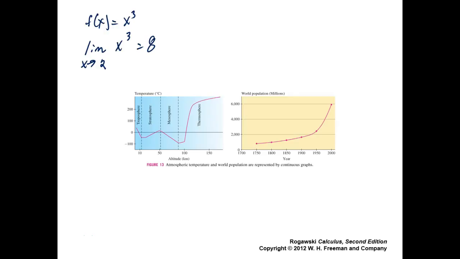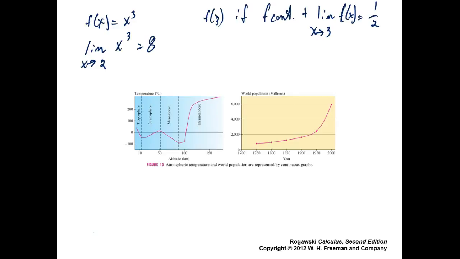Number 2. What can be said about f of 3? This is a different problem here. If f is continuous, and the limit as x approaches 3 of f of x is 1/2, the question is, what can be said about f of 3?